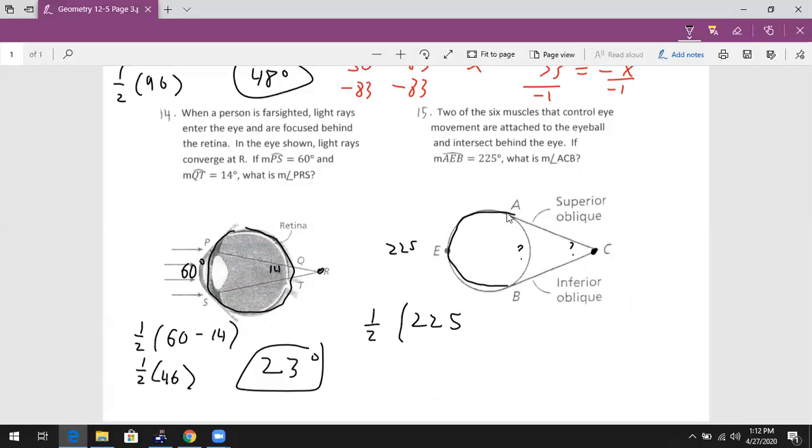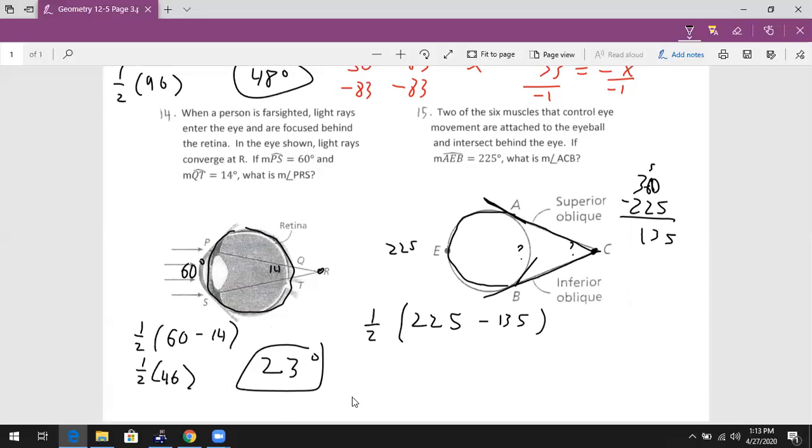Again, notice the entire circle is contained within two tangents intersecting. So I can find arc AB here by taking 360 and subtracting 225 from it, or get 135.